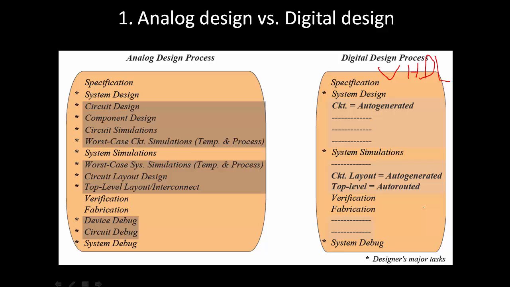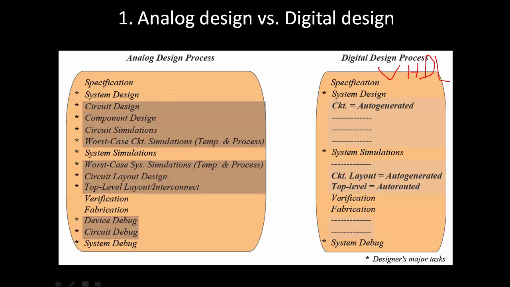Okay, but in the analog design process, when we have the specifications we want to match, we start our system design, and then we do our circuit design. We put every single transistor in its place on the circuit by ourselves, not through auto generation or something like that.